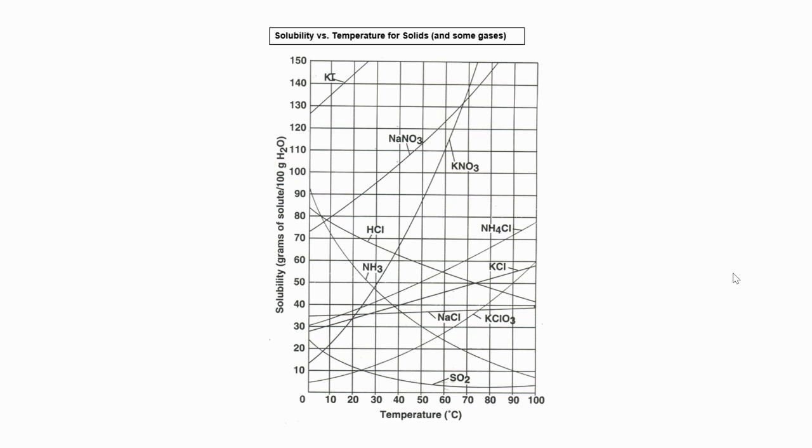However, most gases decrease in solubility. So ammonia is a gas. Ammonium chloride is a solid, so it increases in solubility. The gas ammonia decreases in solubility as temperature goes up.